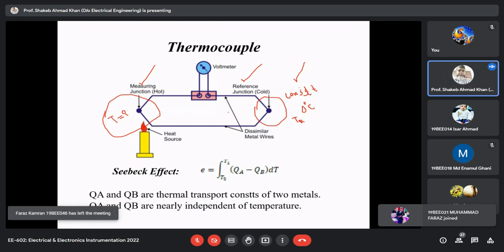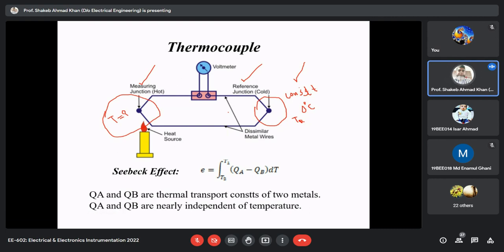Look, your real setup is not like that, where this is at a 1 inch distance. They are at larger distances. Your measurement junction will be at the shop floor, connected somewhere in the processes where processes are going on, and your cold junction is maintained in the control room.